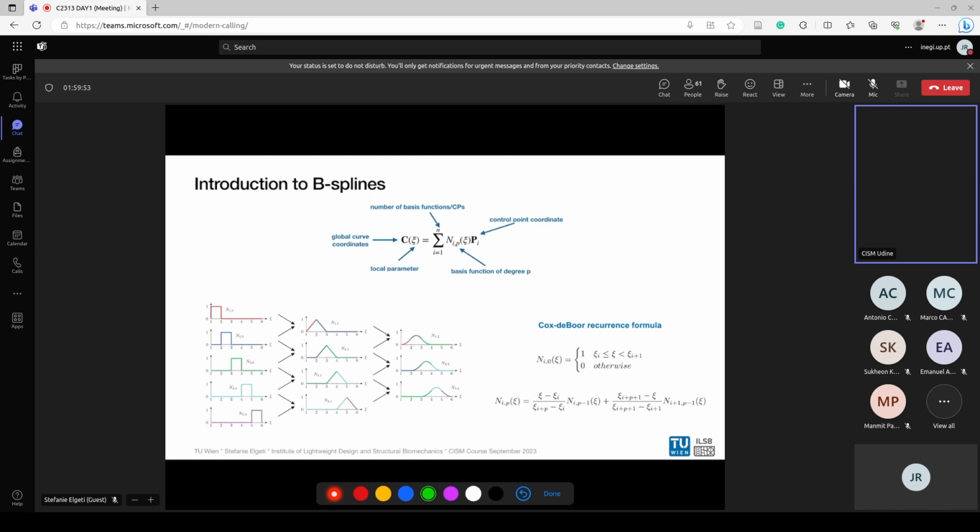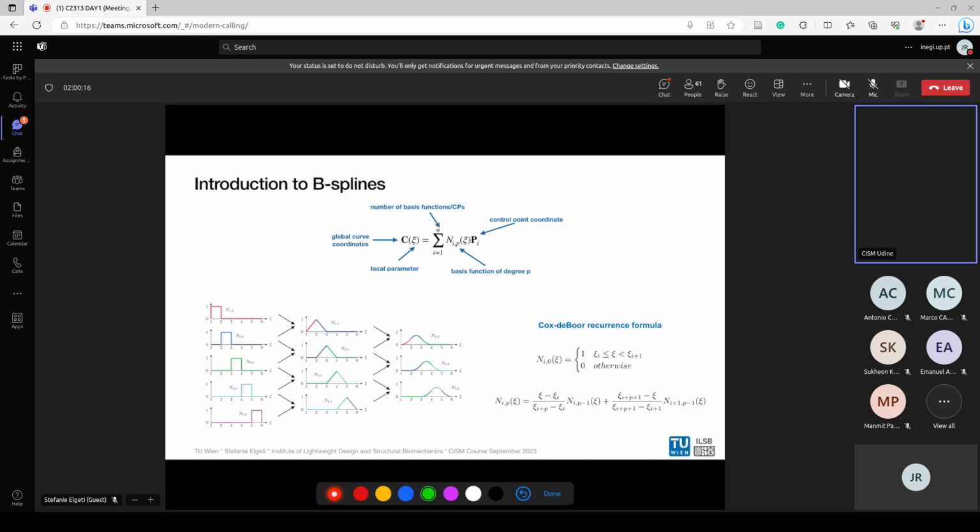And then we can continue. We can take two linear ones and combine them to form a quadratic one. And we get this type of quadratic function. The colors tell us how the constant basis functions propagate through to those quadratic basis functions.